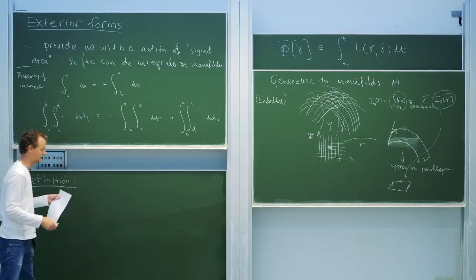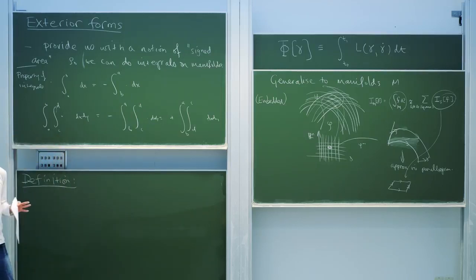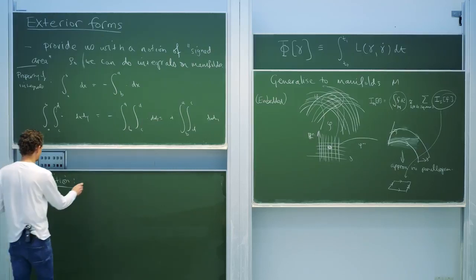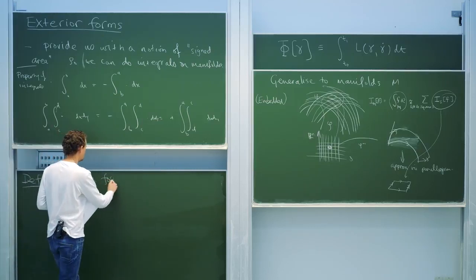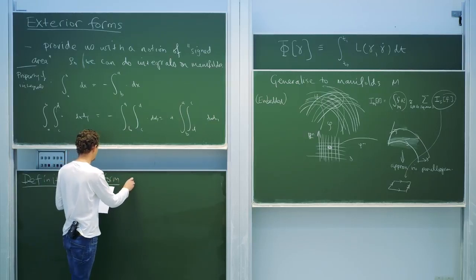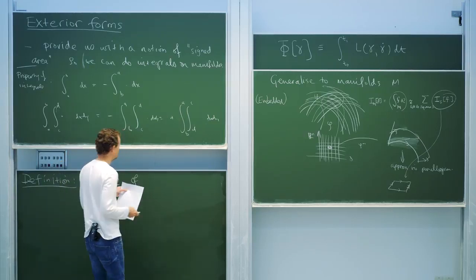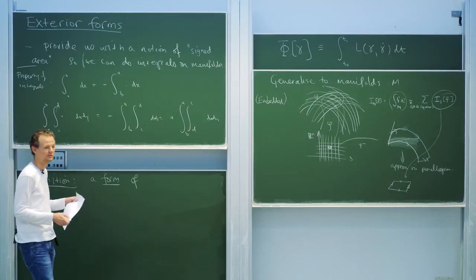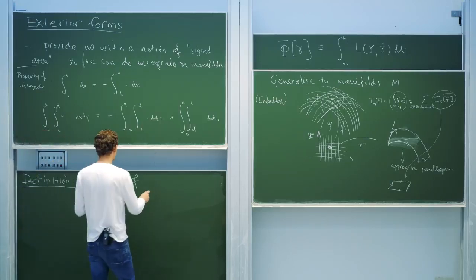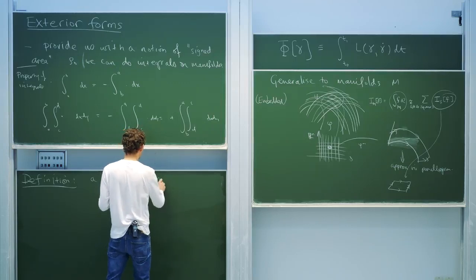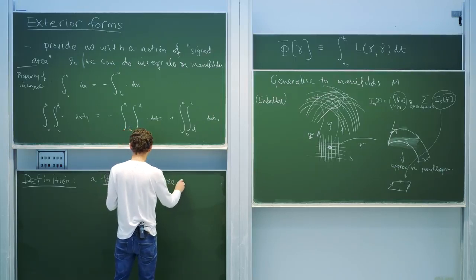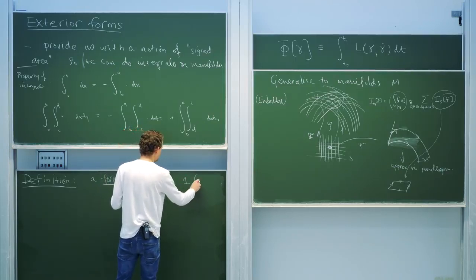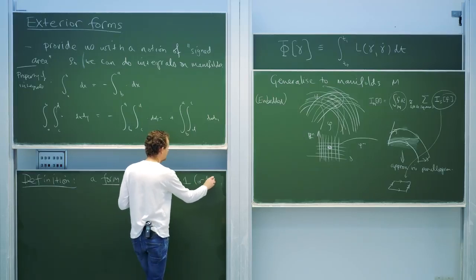All right, definition. We need things that can eat tangent vectors and give us numbers. I'm going to give such a thing a name. Well, they're called dual vectors if you like linear algebra, but in this context they're also given another name. They're called forms of degree 1 or one forms.